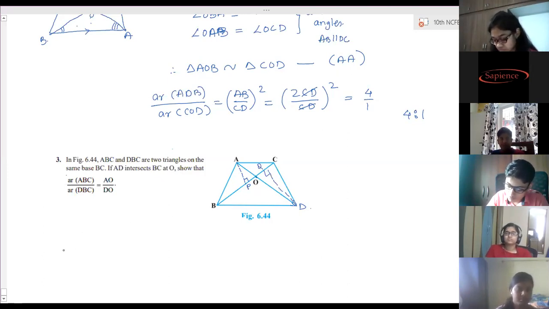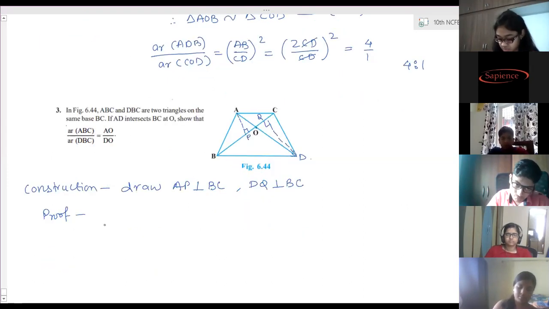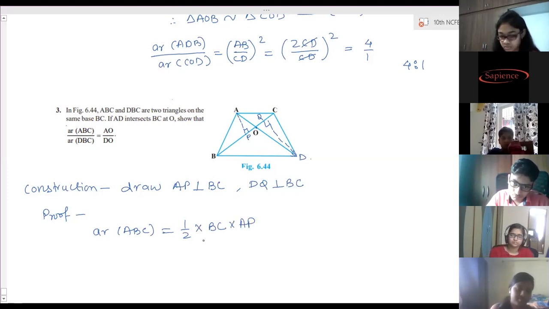Okay. So construction: draw AP perpendicular to BC as well as DQ perpendicular to BC. Now, what are the areas? Area of ABC is half into base. What is the base? BC. And the height is AP.